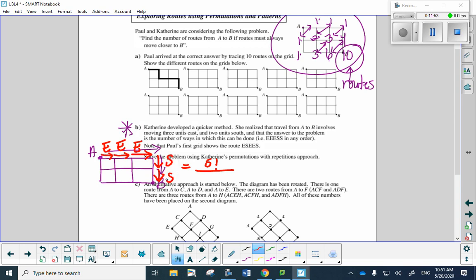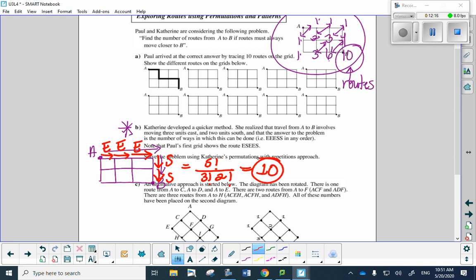So think of it as repeating letters. So in total there's 5 factorial, divided by 3 factorial times 2 factorial. So that would be the formula that I'm using. And when you plug this into your calculator, you get the same answer, which is 10.